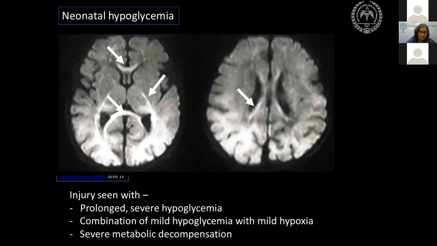Then we do see significant changes, and typically changes are seen in the parieto-occipital region and splenium of the corpus callosum. It's also important to remember that infants with other severe metabolic disorders and severe metabolic decompensation can have changes related to hypoglycemia as well.